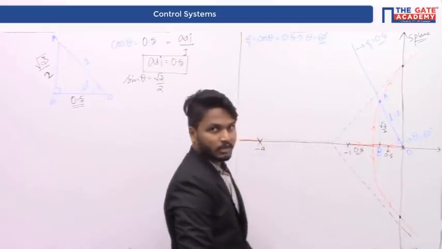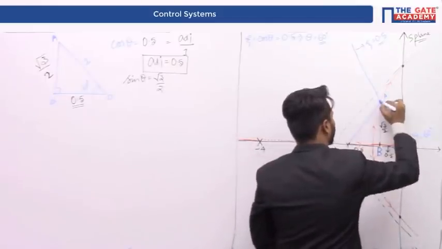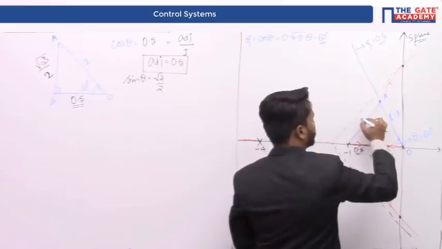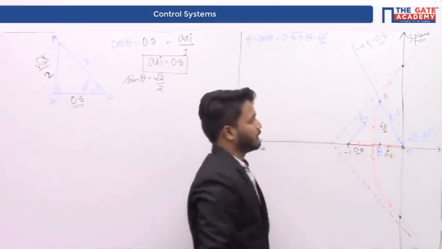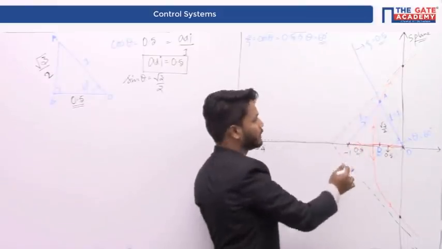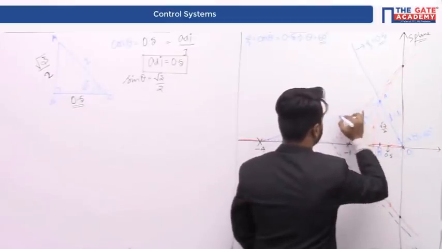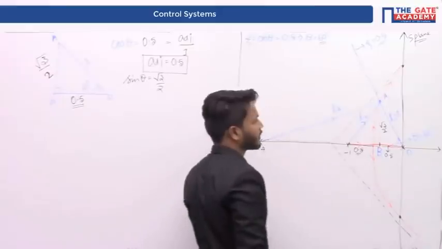Draw a vector from this pole to this particular point and call this length L2. Draw another vector from the other pole also. This is L3 and this is L1, right?